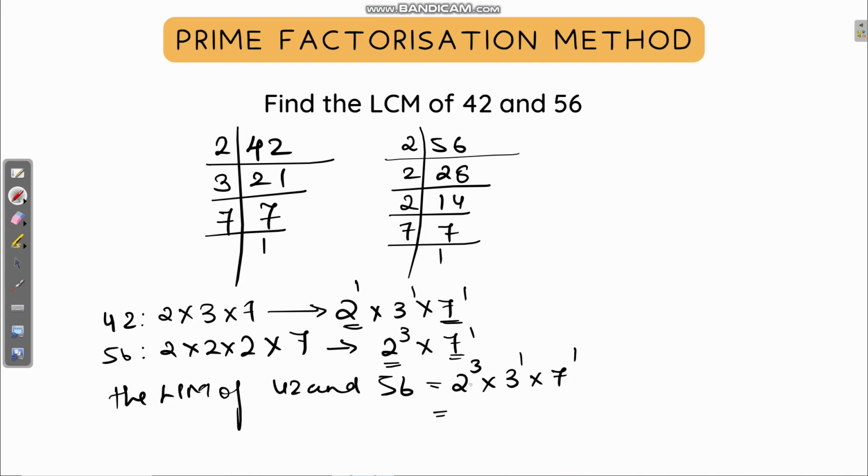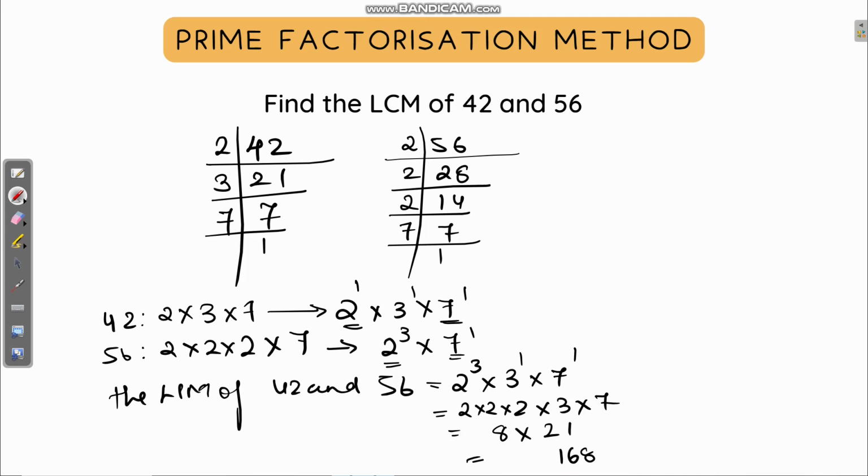So 2 cube, that is 2 into 2 into 2, or you can directly write 8 also. 3 into 7. So now over here that's 8 into 21. So 8 ones are 8, 168. So 168 is the LCM of 42 and 56.